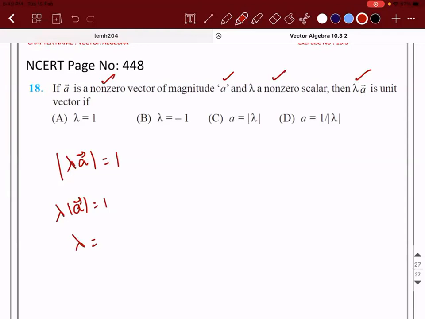So magnitude of lambda into A is equal to 1. So A should be equal to 1 divided by magnitude of lambda. Actually, I could have avoided two steps. Is it clear, guys? Yes, sir.